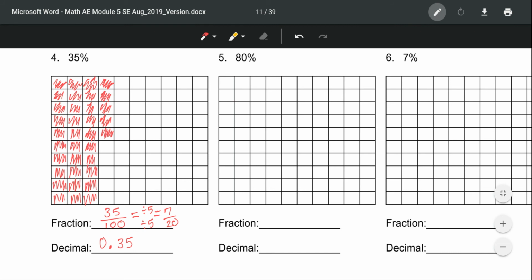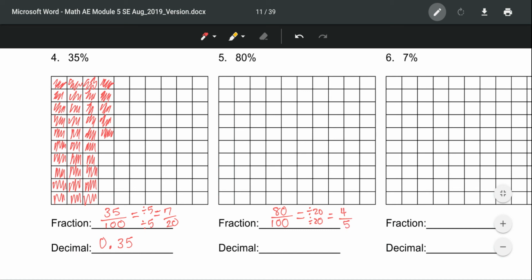So 80% means 80 out of 100. So a percent means out of 100, so that means you write 80 out of 100, and then you can reduce 80 over 100, you can divide by 20, and that would be 4/5.